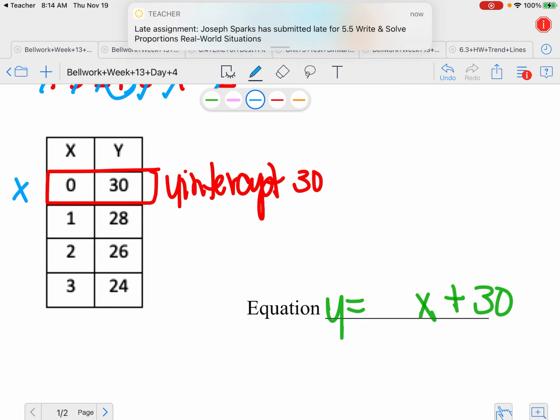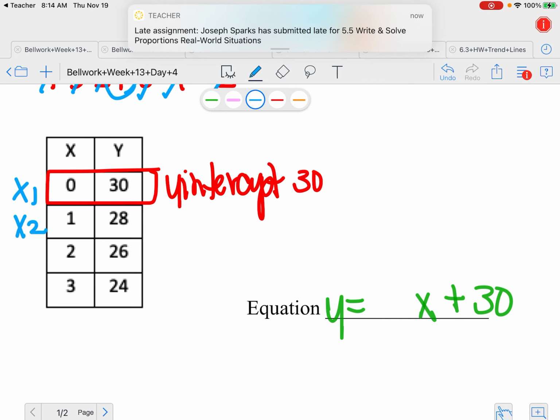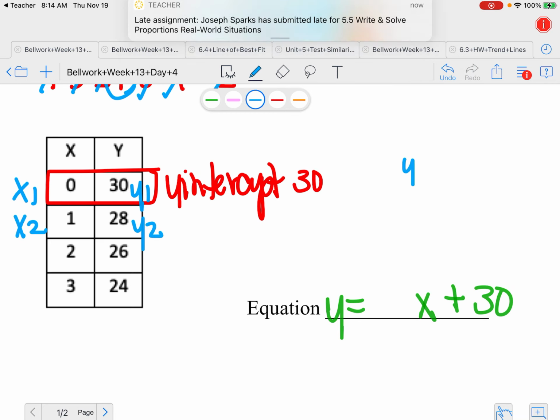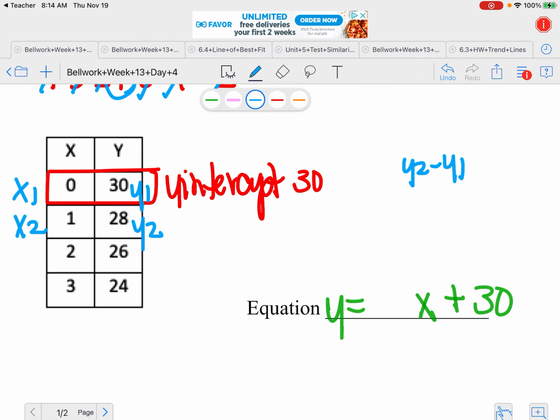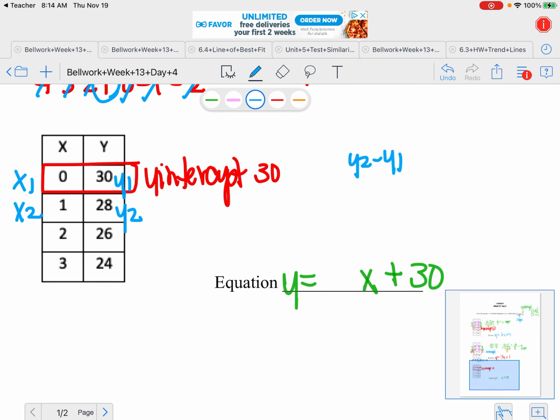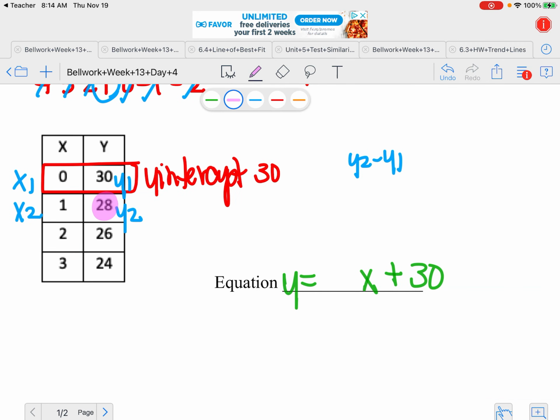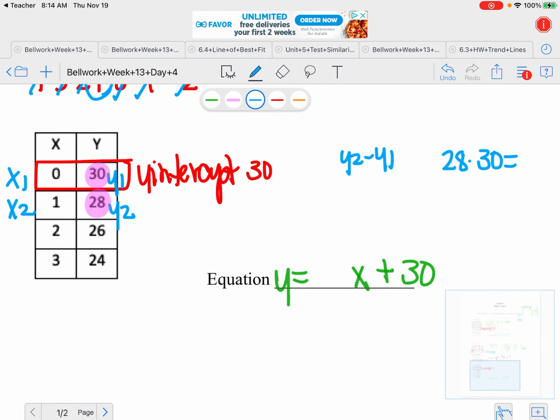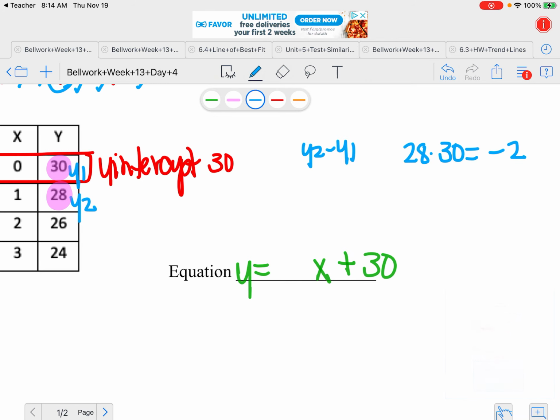Okay, I can now take my x and y values and label them. Then I can do my equation of y2 minus y1. If you do that, you get 28 minus 30. 28 minus 30 is negative 2.